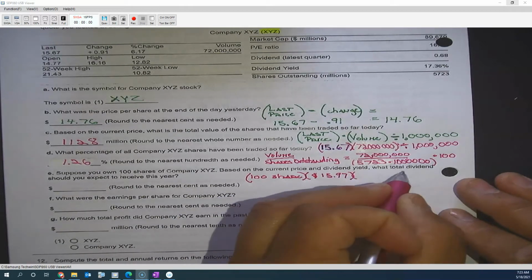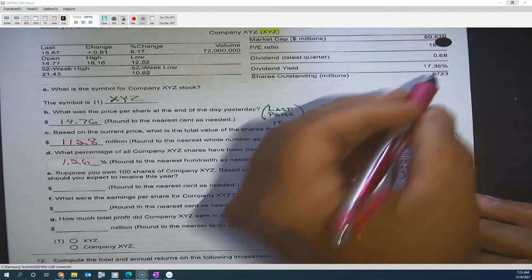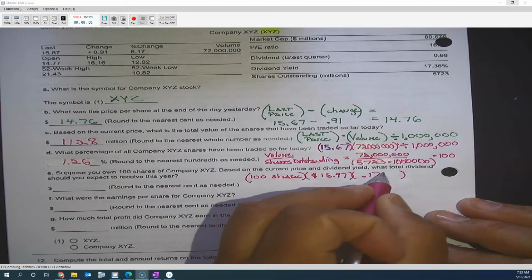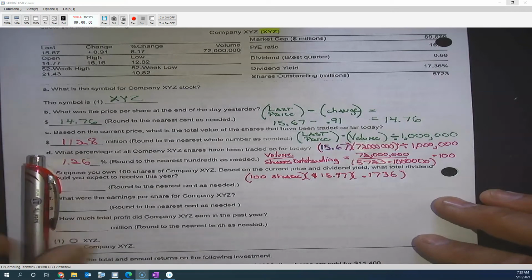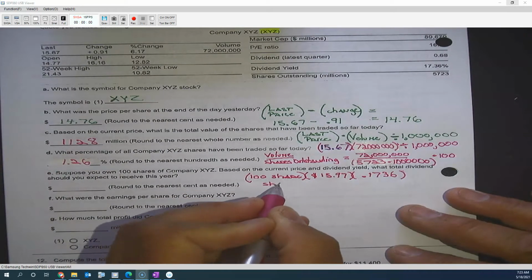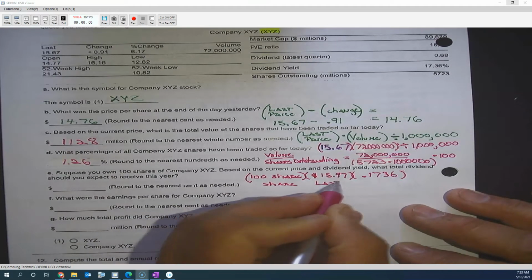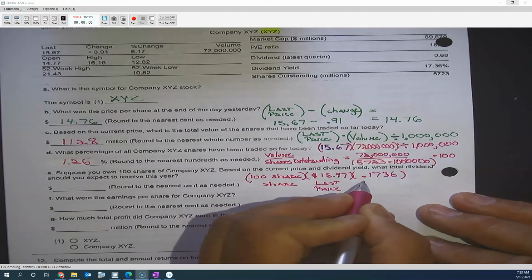And then you're going to multiply that by the dividend yield, which is 17.36%. Okay. So this was your shares. This was the last price. And this was the dividend yield.